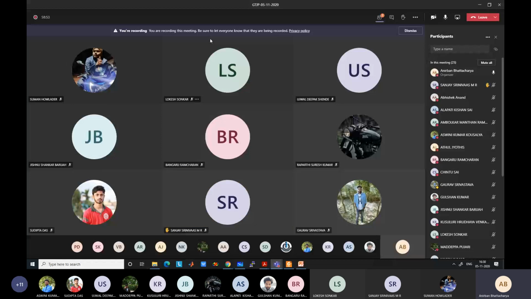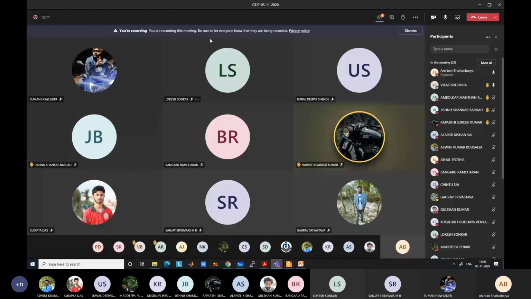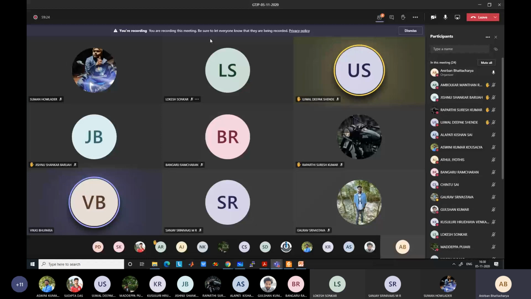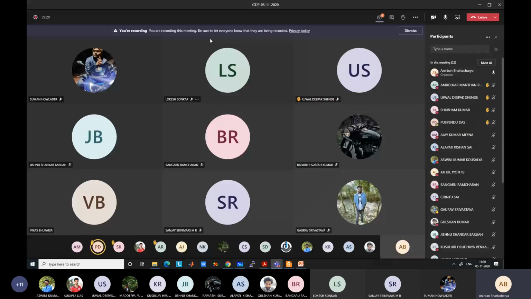Present. Ajay is absent. And Gaurav Kandelwal is also absent. Then Jishnu is present. Suresh Kumar is present. Ujjwal is present. Shubham Kumar is present. Pushpendu Das is present. Amgot Shyam Kumar. Not present.